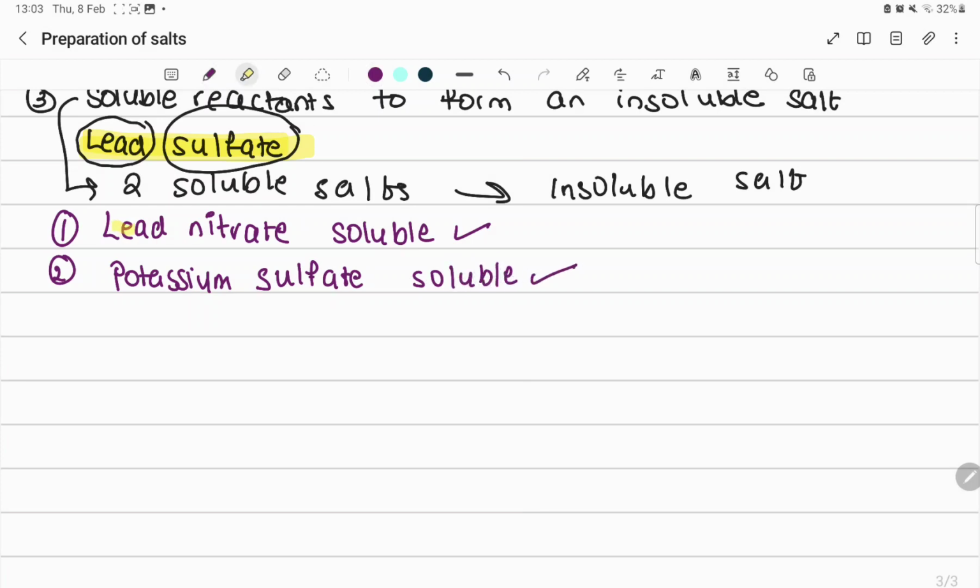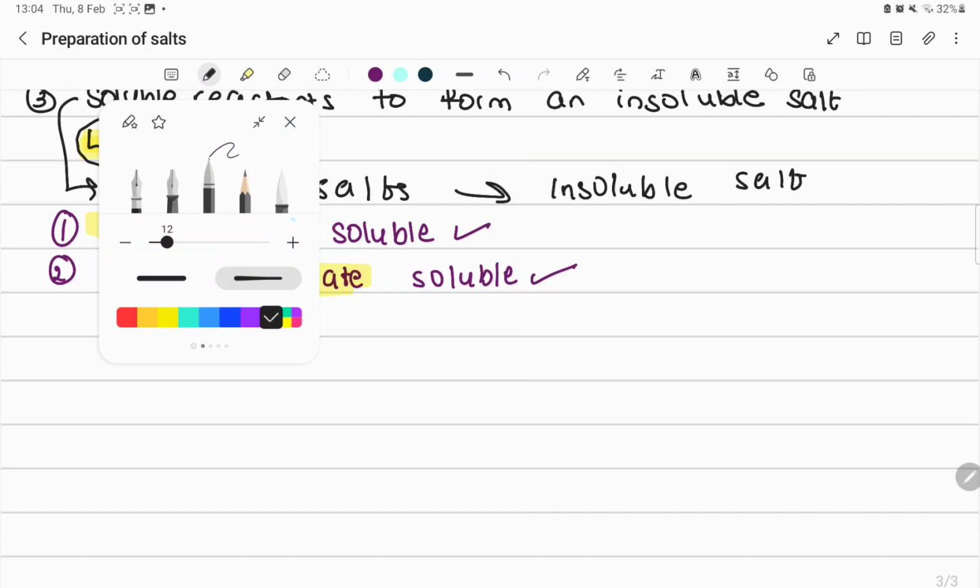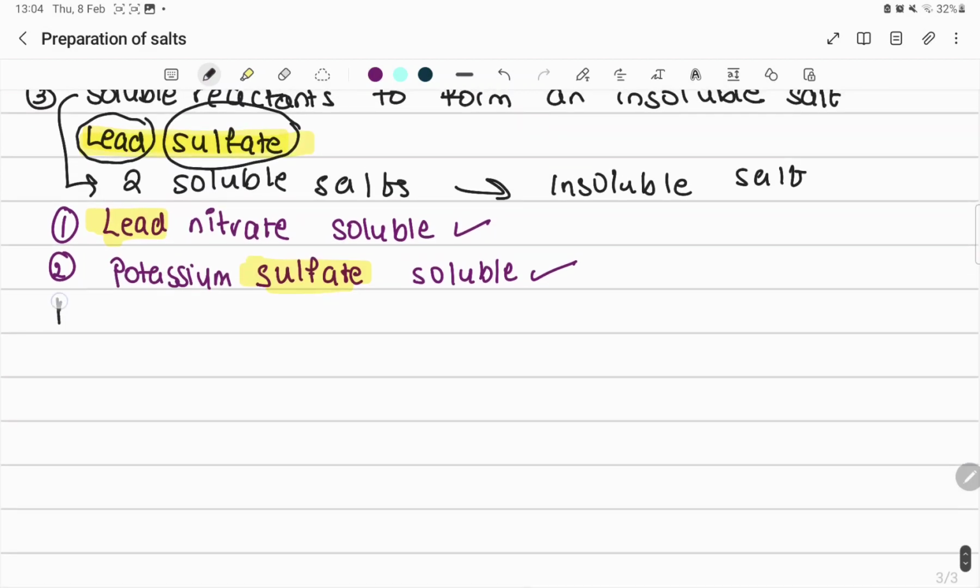So as you can see, I have the lead in a soluble salt and I have the sulfate in a soluble salt, which will eventually give me my lead sulfate. What you're going to do is you will initially have these in solid form, usually. So you will dissolve each in water to get an aqueous solution.